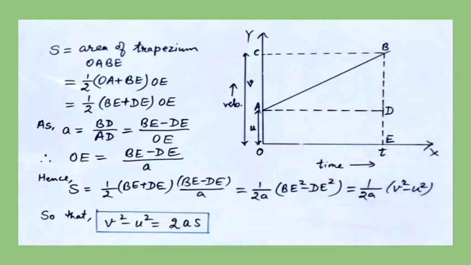With this expression, s becomes equal to half (BE plus DE) into (BE minus DE) divided by a, which is equal to 1 by 2a times (BE square minus DE square), or equal to 1 by 2a into (v square minus u square), so that v square minus u square is equal to 2as. This is the third equation of motion.